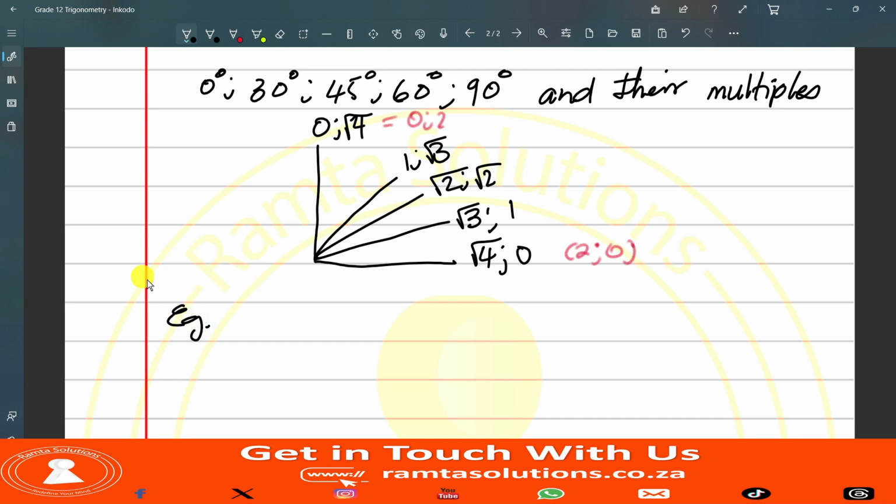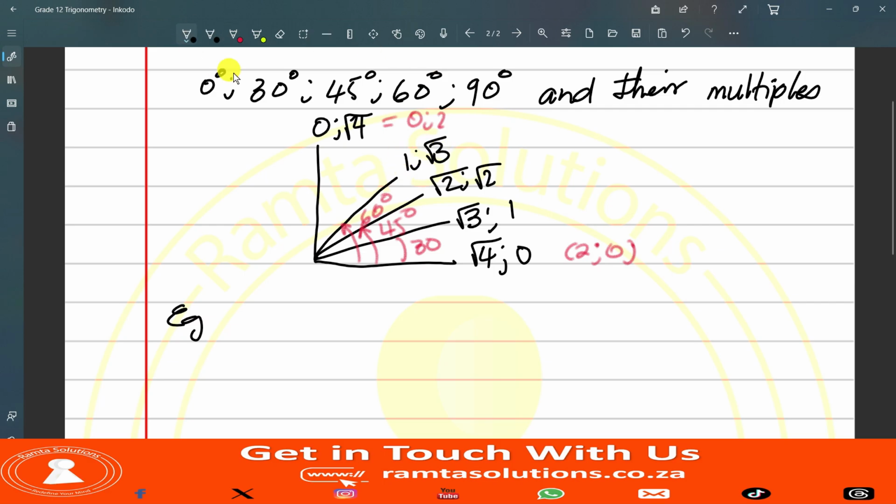By the way, the first line represents 0. So this is 0. This is 30. This one here is 45 degrees. And this is 60 degrees. Each point represents x and y coordinates.